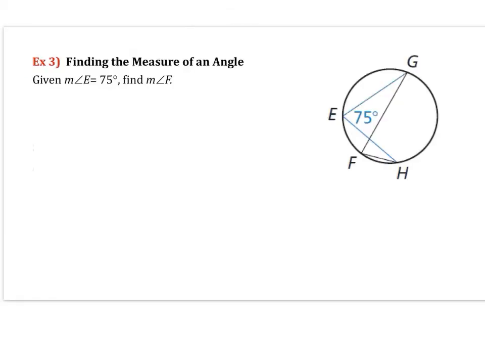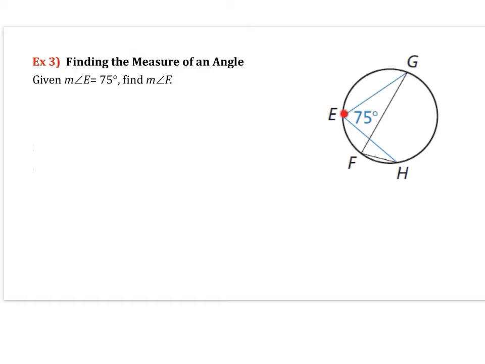So let's see if this works for our example number 3, finding the measure of an angle. Given the measure of angle E is 75 degrees, which is already labeled in our picture, then find the measure of angle F. Well, here's what we need to notice.